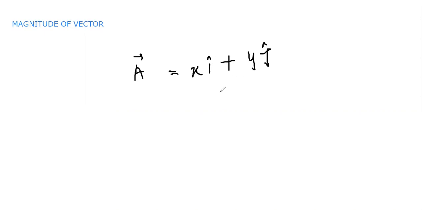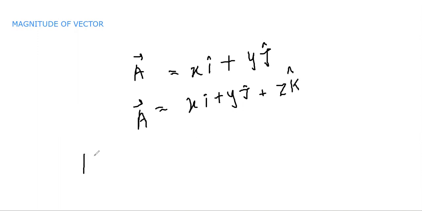But if it is in three dimensions, then a vector can be written as x i cap plus y j cap plus z k cap. Now if you want to find the magnitude of a vector, that is represented as mod a vector.